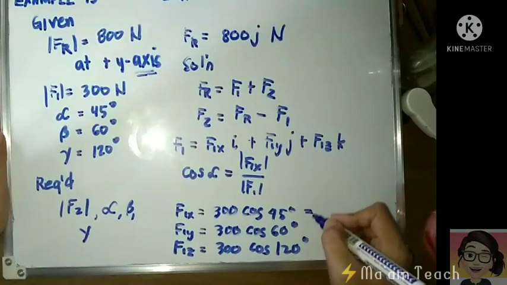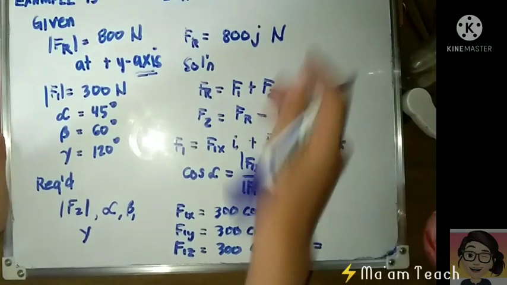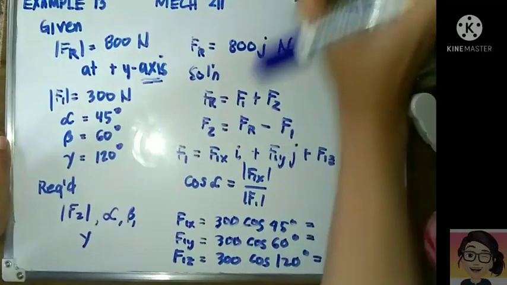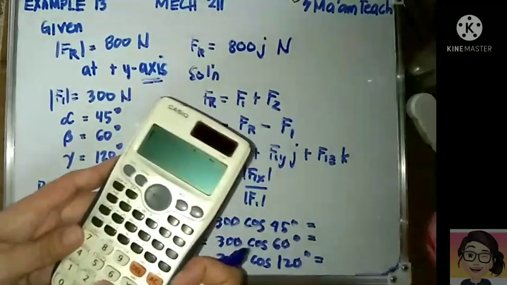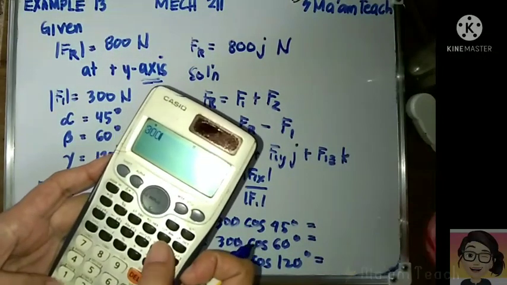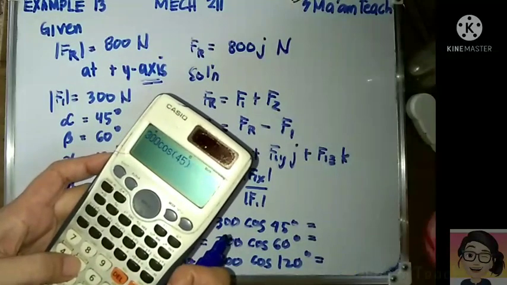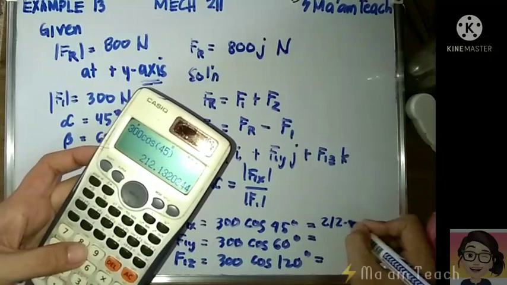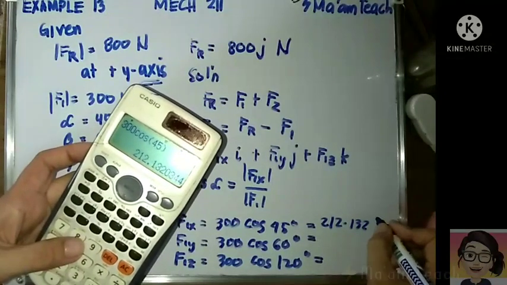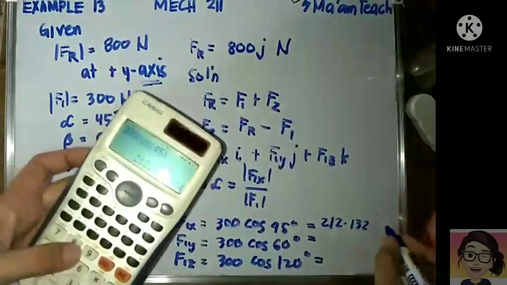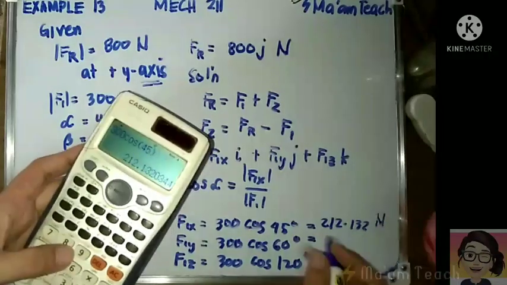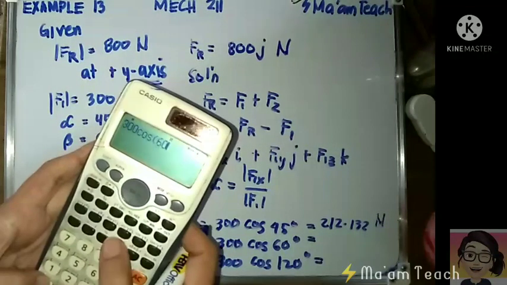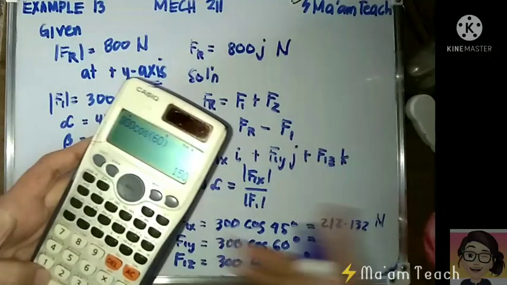Okay, so using your calculator, how much are these? We have 300 cosine 45, that is 212.132, the unit is in newton. We also have 300 cosine 60, 150.